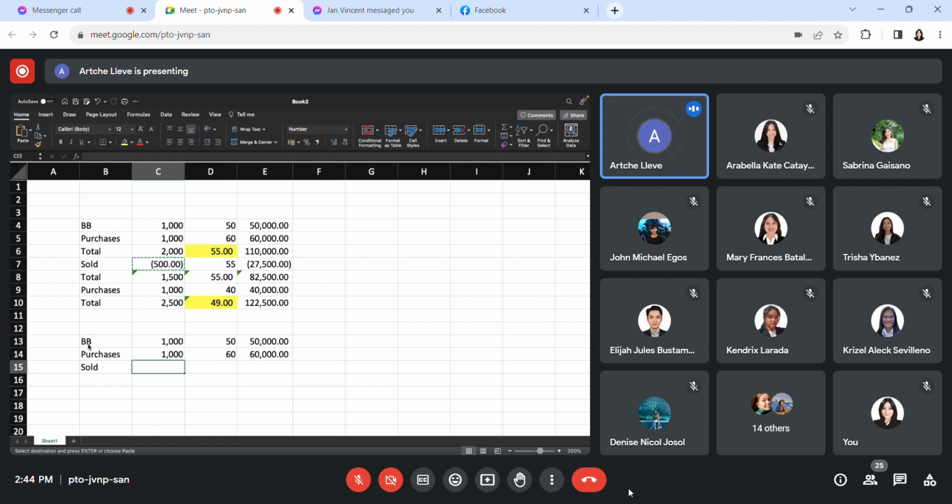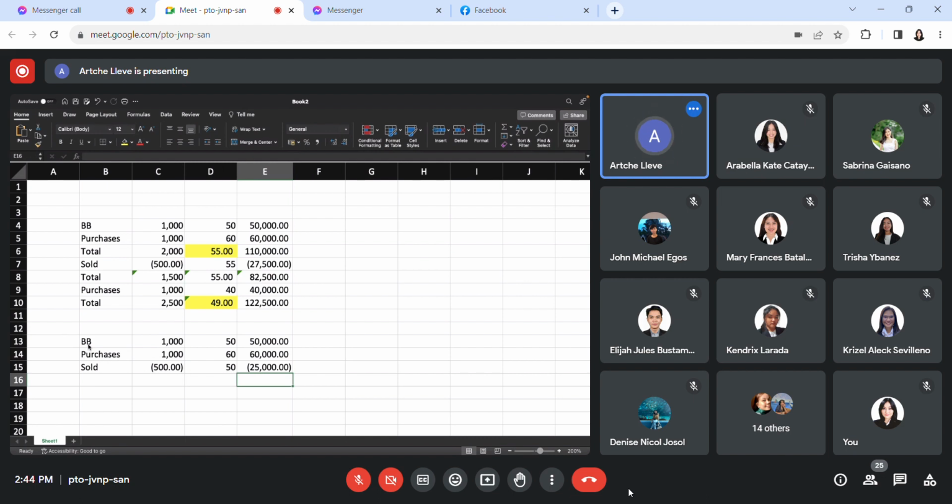Now, if nag-sold tag 500, asa man nato kuhaon ang price? Kung saan may una gisulod, ang kining beginning balance na 1,000. So therefore, since siya may gipasulod una, dapat siya ang ipagawas una. Therefore, ang imong unit price there to be used is 50. Nakuha, class?